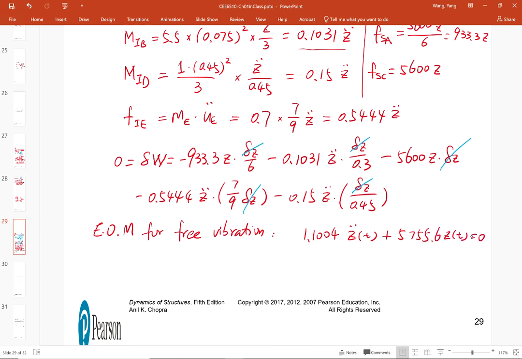So this is the free vibration equation, and this is under this so-called generalized coordinate Z.